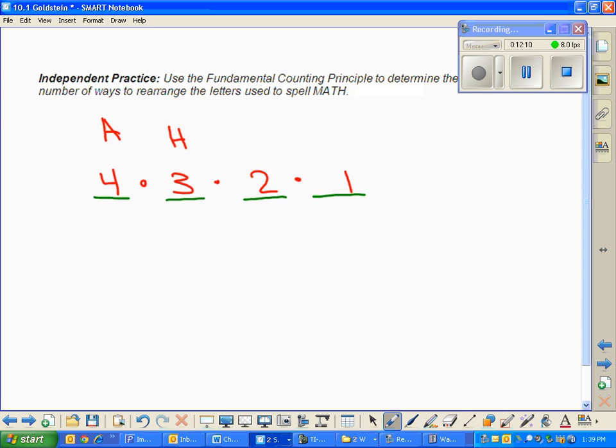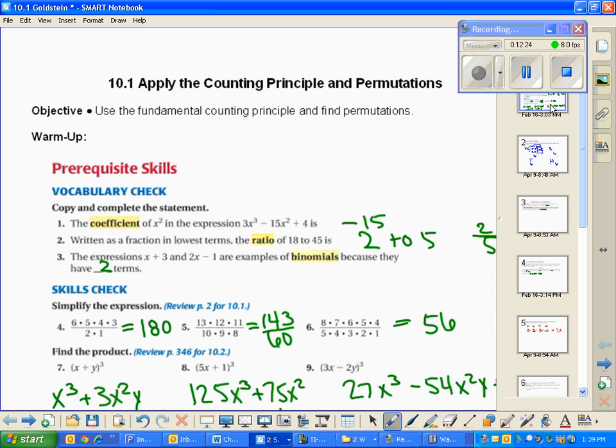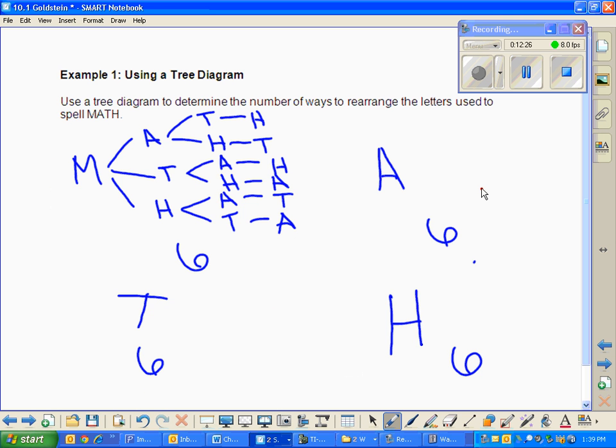H, say I pick. T, well then I have to pick M. That's my only option. I have 1 left. What does this equal to? 24. Does that line up with our tree? Where's our tree diagram? There it is. 6 plus 6 plus 6 plus 6. What's that? That's 24.